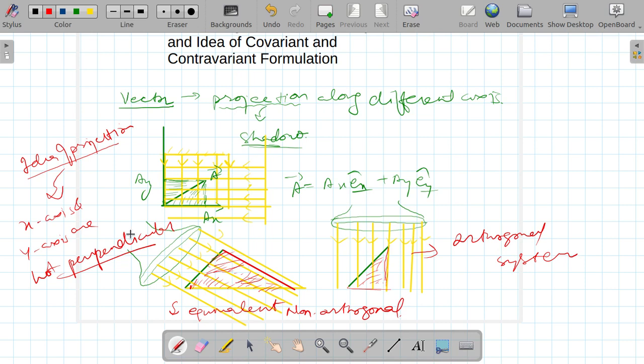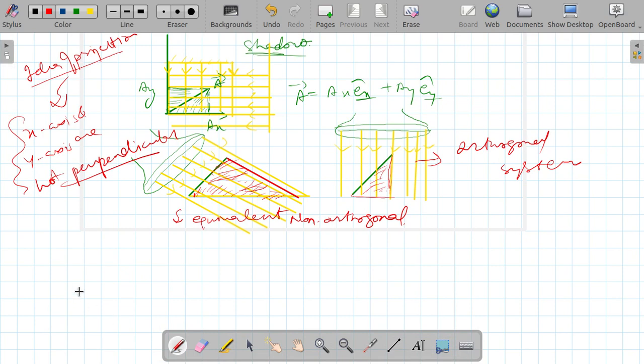Such type of mathematics, with axes which are not perpendicular, is useful in relativity and fluid dynamics and in other fields also.